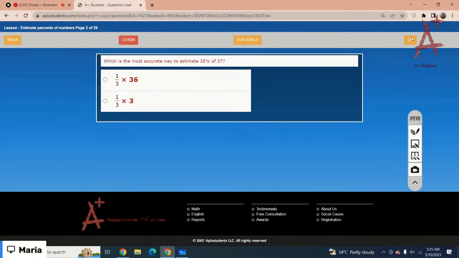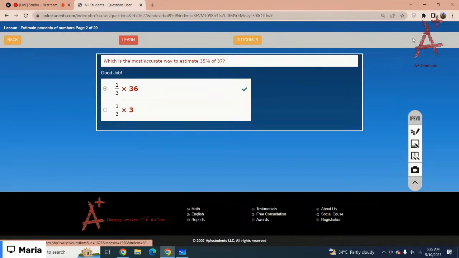It would be 1/3 times 36, because you cannot divide 37 by 3. You have to calculate the estimated answer. So you need to replace 37 by 36, because 35% is almost equal to one third. So it would be 1/3 times 36.